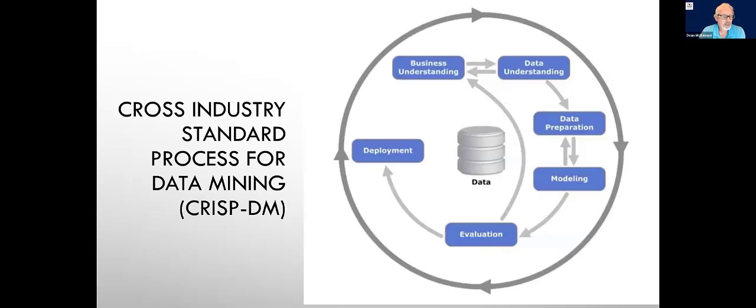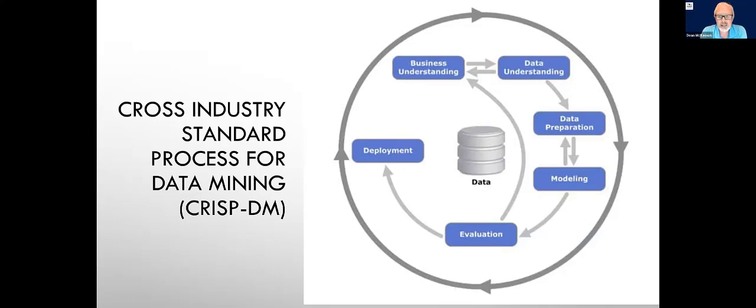Now, one of the things that's kind of interesting that's popped up lately is the CRISP-DM, the cross-industry standard process for data mining. And this is something that we will look at in the program as well. It's extremely important. And it's good to understand because the important part here, again, is the business understanding. You have to understand the business, and then and only then can you understand what kind of data is accessible through that business.